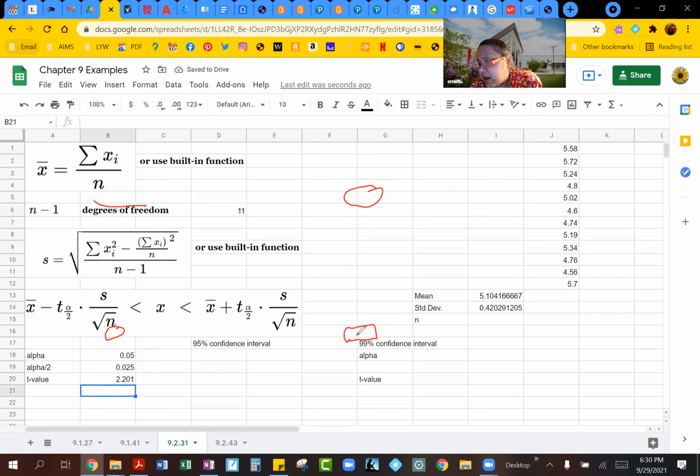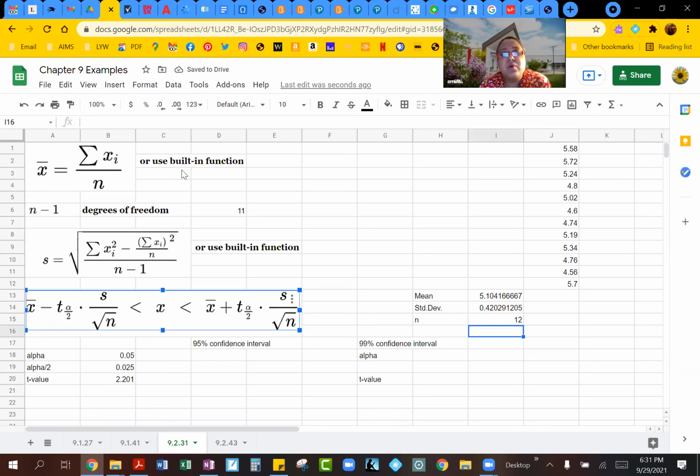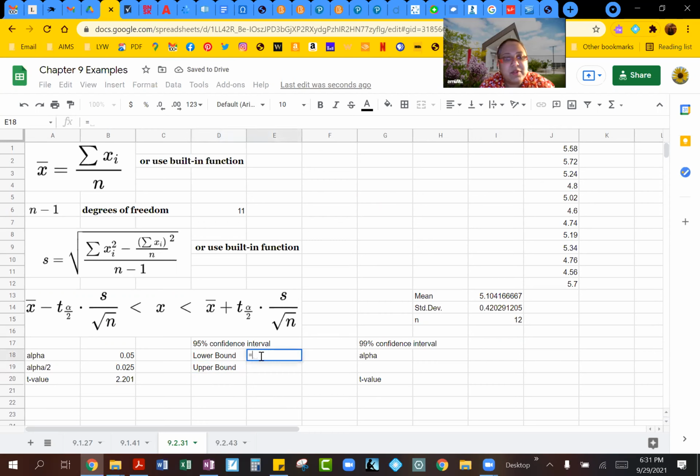All right, so we've got our X bar, which is the mean. We've got our T value, we have our standard deviation, and we have our N, which in this case is 12. So we should now be able to calculate the lower and upper bound. So let's do that. Okay, let's start with the lower bound.